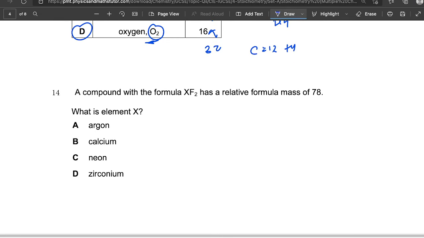A compound with the formula XF2 has the relative formula mass of 78. What is element X? Okay, so we first find the RAM of fluorine. You go to your periodic table and for fluorine, you look at the big number, which is 19. So 19 times 2 is what? 38. 19 times 2 is 38.